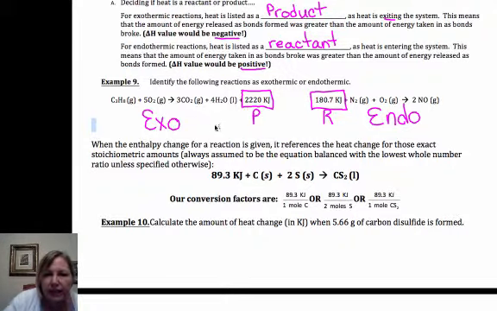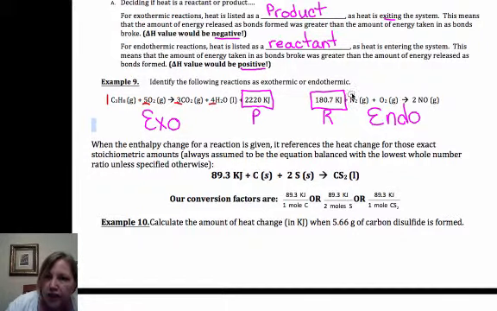What they mean by per mole of reaction is that when the reaction is balanced like this, I'm going to release that amount of energy for every 1 mole of this, for every 5 moles of oxygen, for every 3 moles of CO2, and for every 4 moles of H2O that are formed.